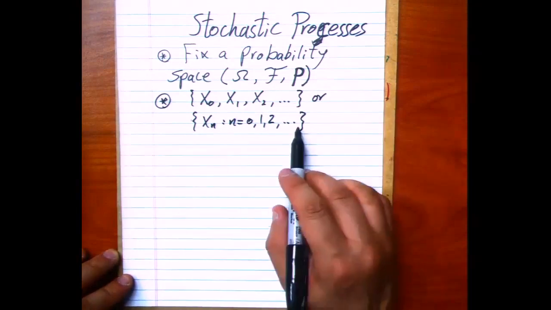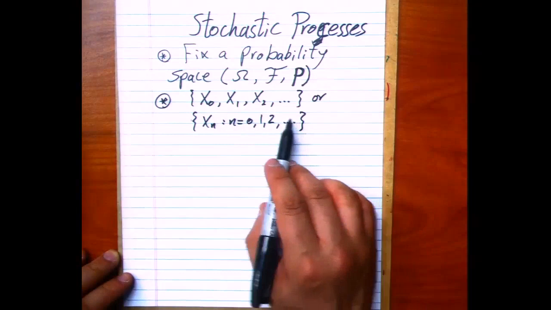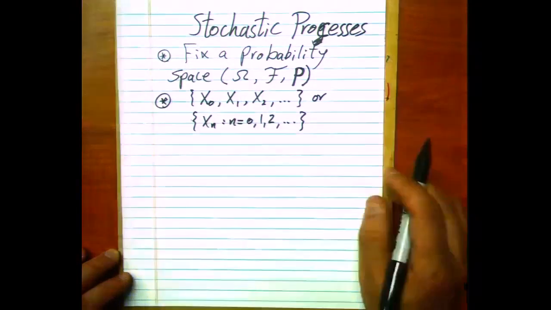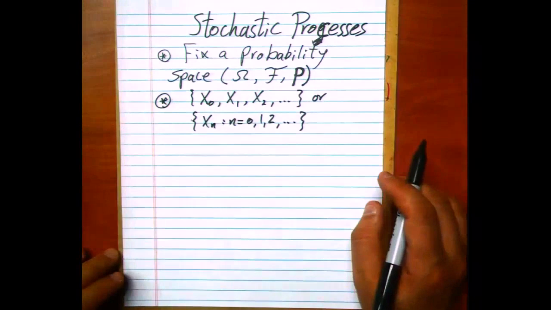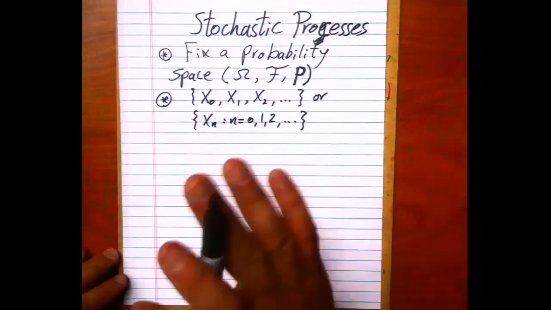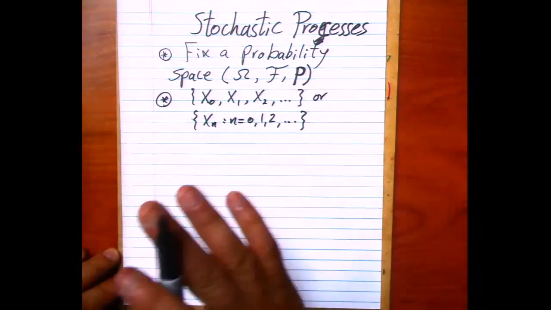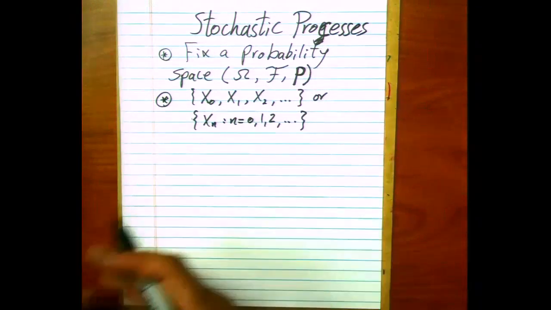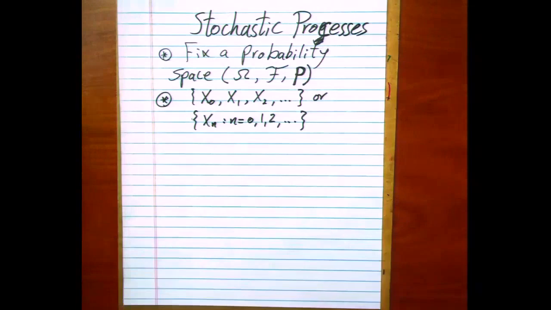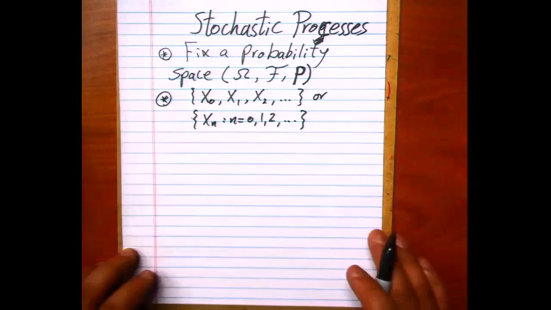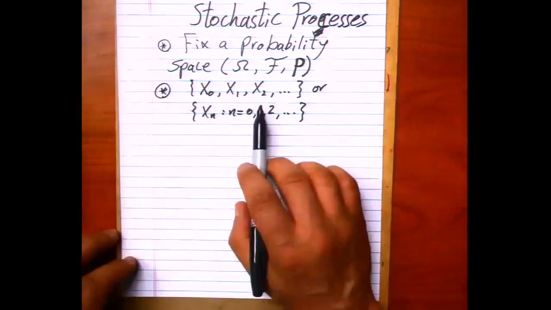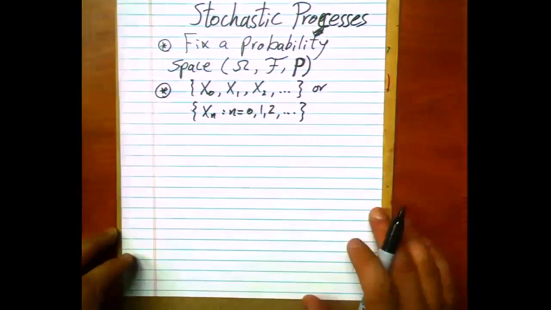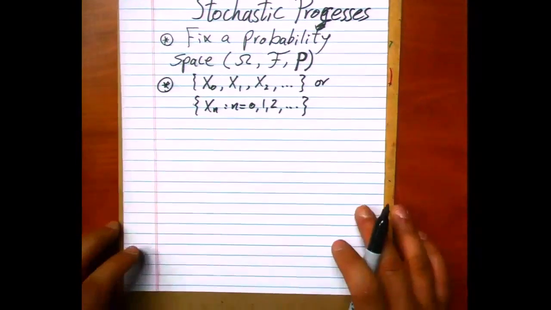Each one of these random variables is a measurable function with respect to this probability space. That's, again, a technicality. But we know what a random variable is, right? At low-level probability we say it's a numerical outcome of a random experiment. But originally it's a function from omega to R. That's the mathematical definition of a random variable.